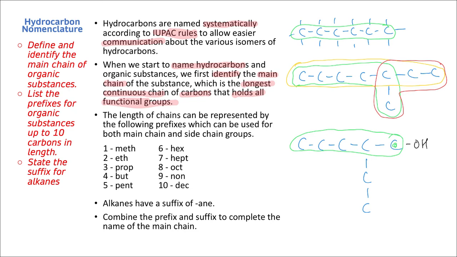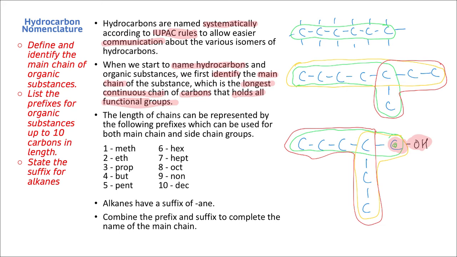There are only 2 possible chains, this one and this one here. If I used what used to be the longest chain, this red chain would not hold all of the functional groups, because it wouldn't have the carbon over here with the alcohol group in it. So in that case, the green chain, the 5 chain, would be the longest continuous chain.